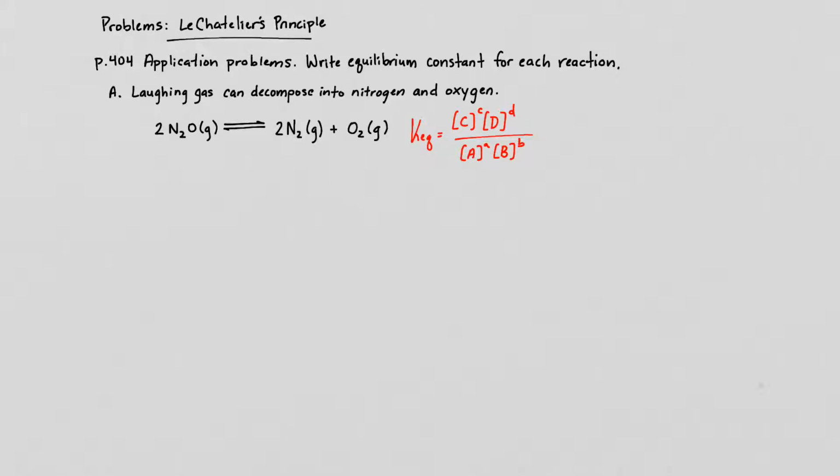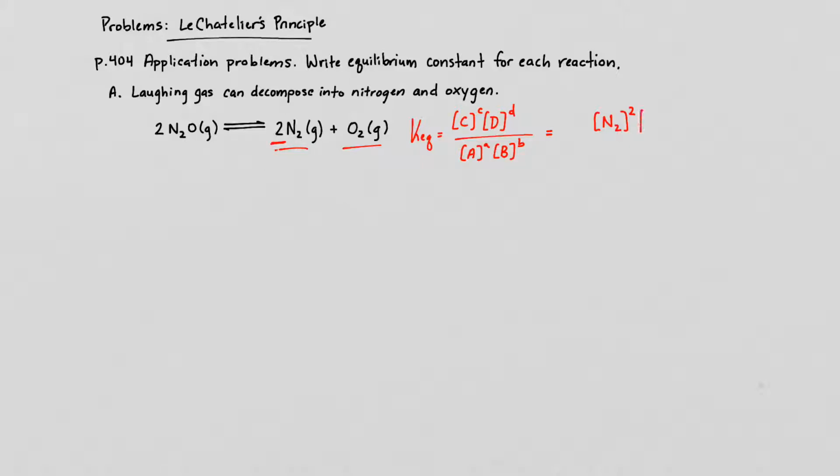Okay, so for this one itself, our products are N2 and O2. So we have the concentration of N2, and we have a coefficient of 2 on there, and that comes from just this right here.